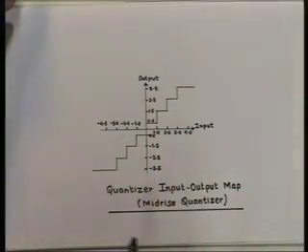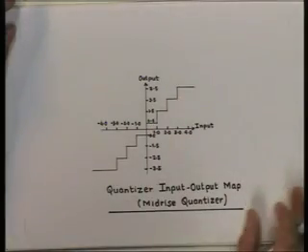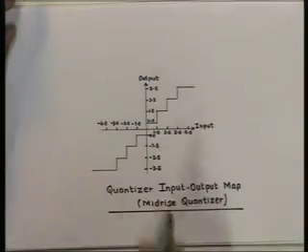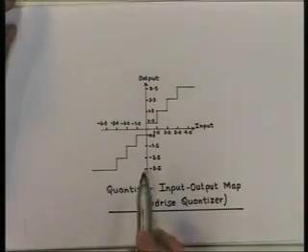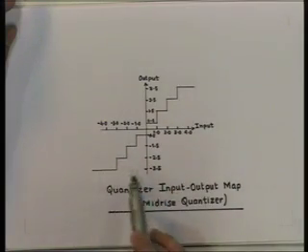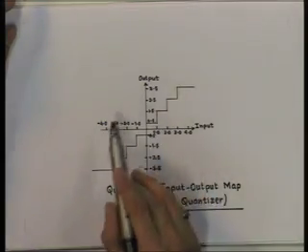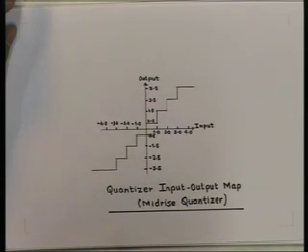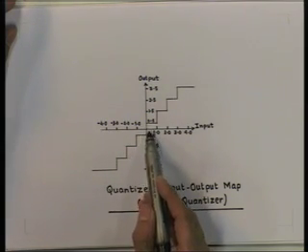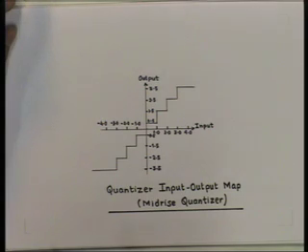Now, the mapping for the quantizer for the 3-bit encoder pair discussed earlier can be represented by the input output map shown here. This is an example of a uniform quantizer with delta equal to 1.